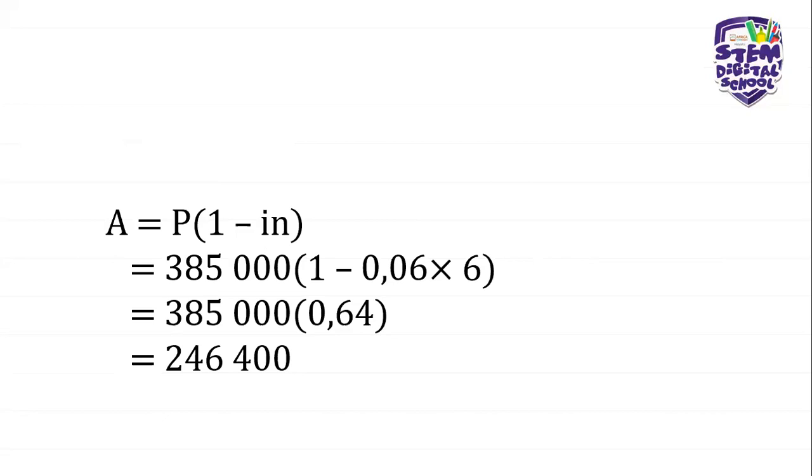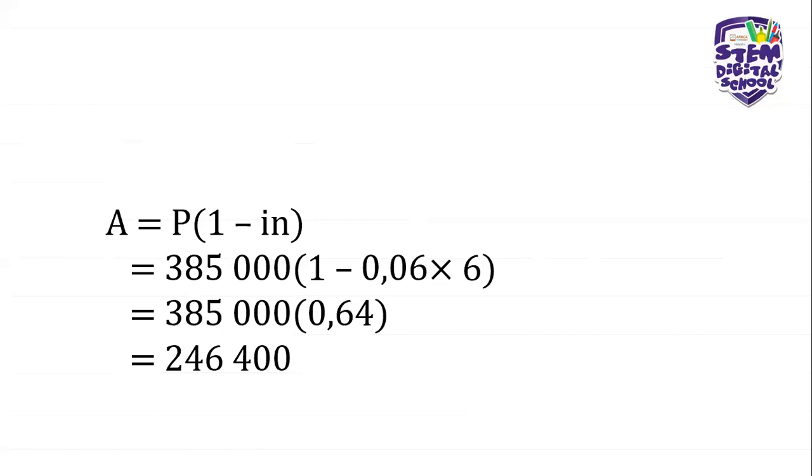That is the number of years which it will take for the value of the car to depreciate. And of course, if you multiply 0.06 by 6, you'll definitely get 0.36 there.